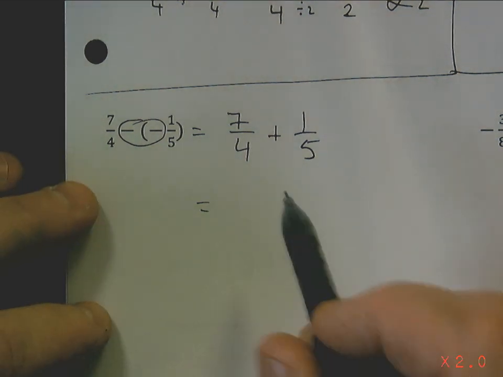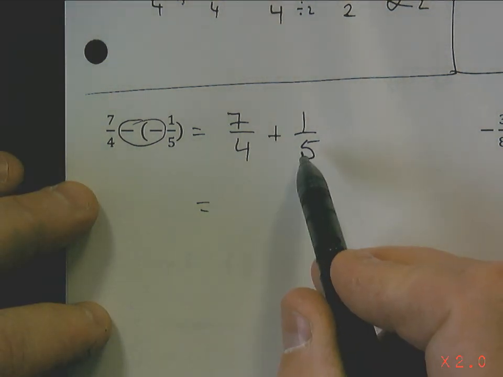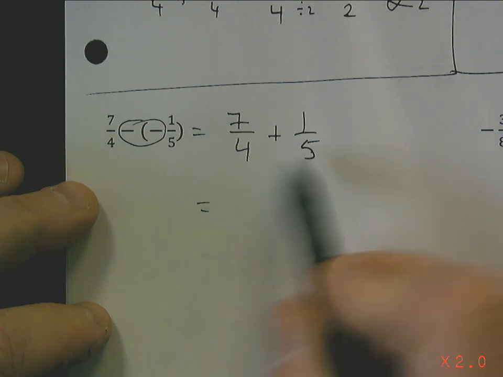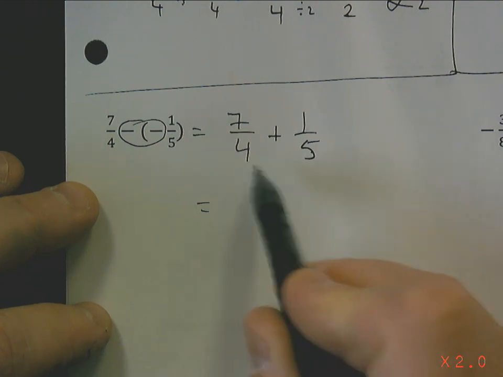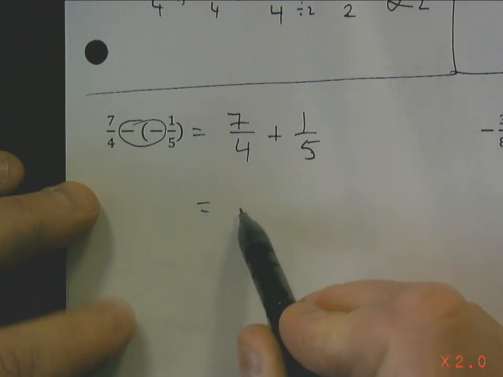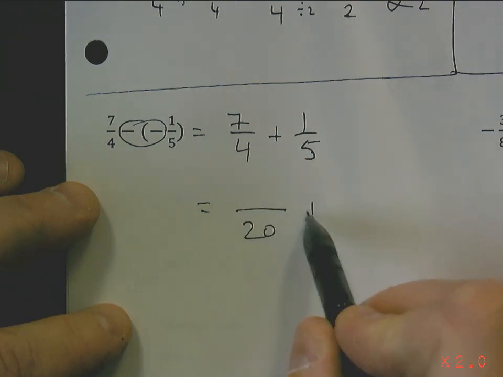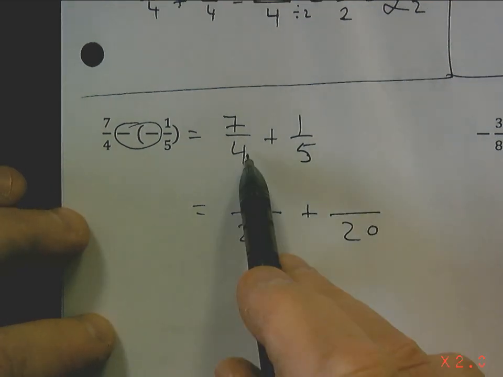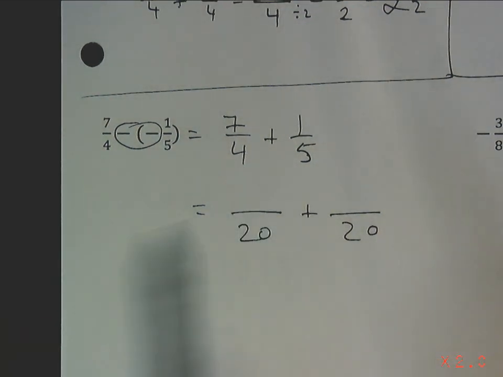So here we go. 4 and 5, the biggest number 4 does not go into, so you go to your times table sheet, you look down the 4 column, you look down the 5 column, and you find out that they have a 20 lowest common denominator or multiple in common. You look back at the original and you say to yourself, what do I need to multiply this turkey by?